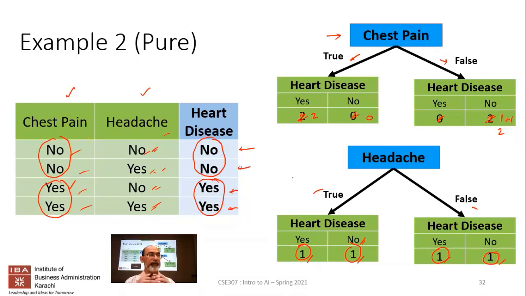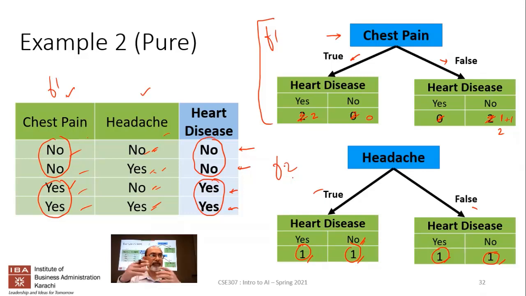So what we're doing basically is repeating this whole exercise, first for the chest pain case. We're only looking at feature 1, and we're making this table, this simple tree, for feature 1. Now we're making the same tree for feature 2, and we're neglecting feature 1 in this case.